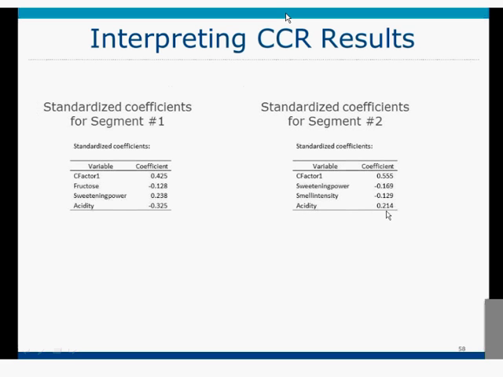For segment 2, also acidity comes out, and sweetening power comes out as plus 0.2, which is again the highest of these 3. So the major difference between these 2 segments is that this segment prefers juices that have less acidity, and these prefer the juices that have greater acidity.